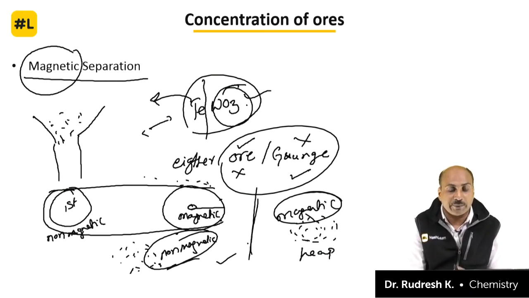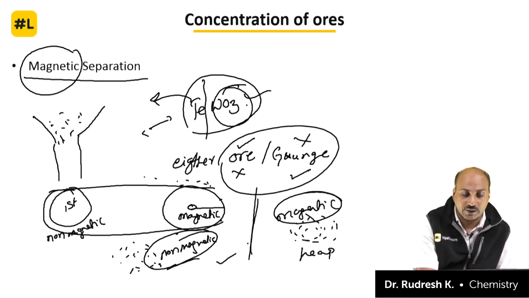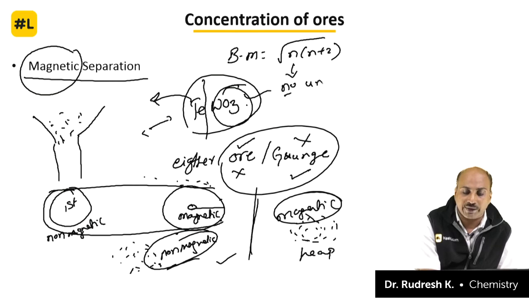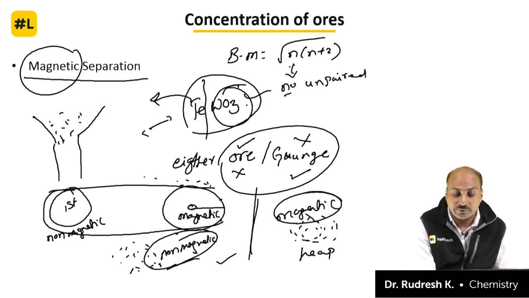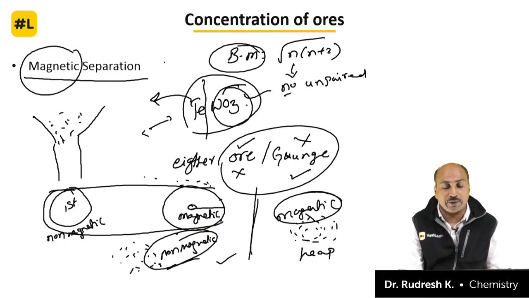Wherever you find a metal that exhibits unpaired electrons, as per Bohr magneton, which I think you might have studied as BM, we consider the square root of n into n plus 2, where n is the number of unpaired electrons. If that is there in the case of that metal, then you can get the magnetic moment for it.